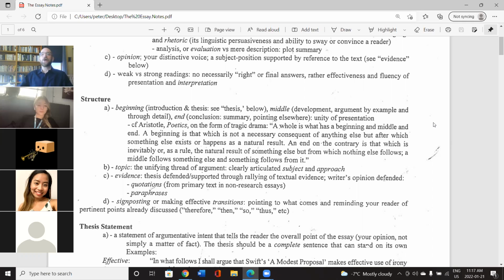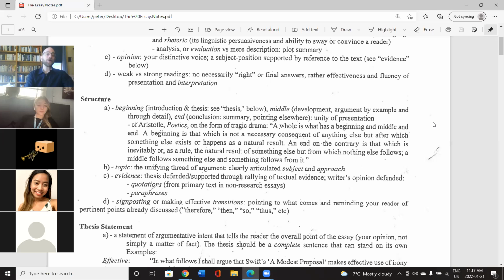An end, on the contrary, is that which is inevitably, or as a rule, the natural result of something else, but from which nothing else follows. A middle follows something else, and something follows from it. Don't you wish you were a Greek philosopher about 400 BC and you could write this kind of stuff? A beginning does not necessarily follow on something else, but something else follows on the beginning.